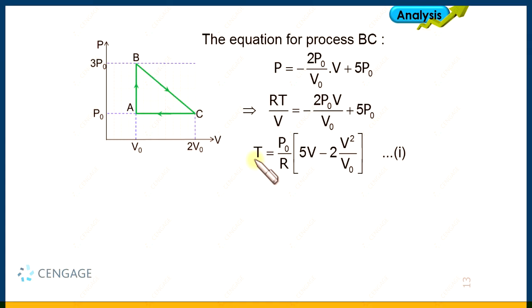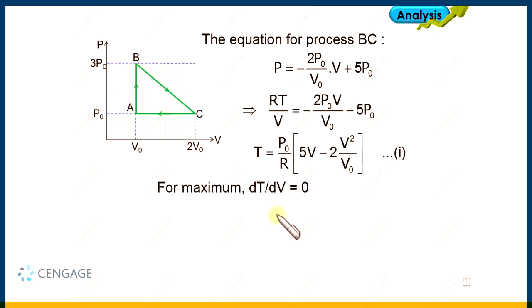For this, we can use the method of differentiation, especially maxima and minima. For this purpose, we need to differentiate temperature with respect to volume and equate it to 0, right. Since P naught divided by R is constant, the differentiation of the bracket term will be 5 minus 2 multiplied by 2V divided by V naught, which is equal to 5 minus 4V divided by V naught.